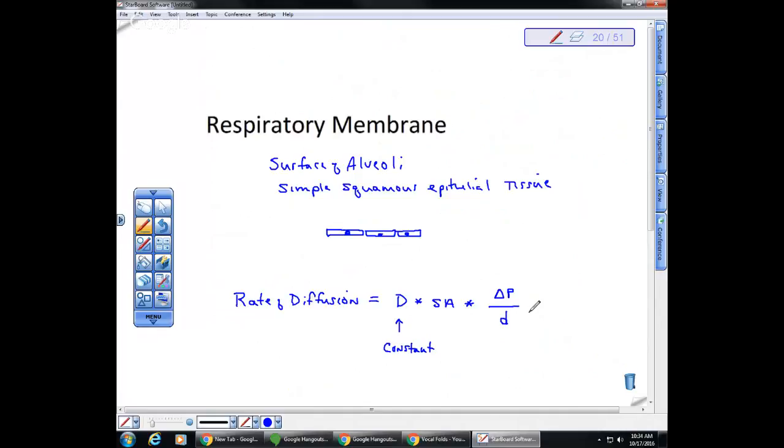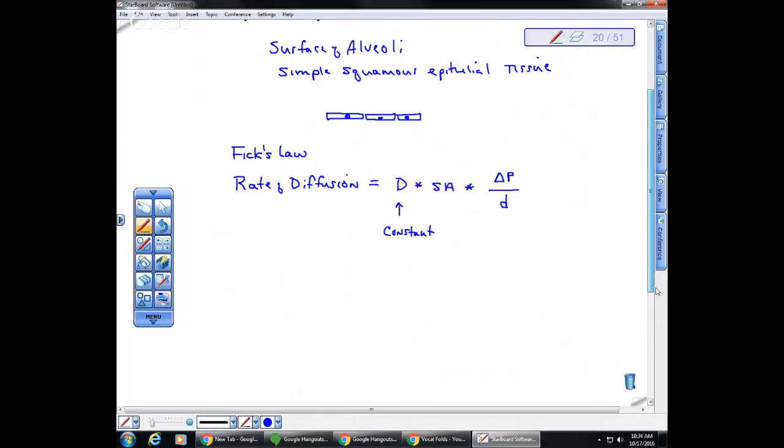In physics, this is called Fick's law. If you take physics, you might learn about Fick's law. SA stands for surface area. Little d stands for the distance over which diffusion occurs.